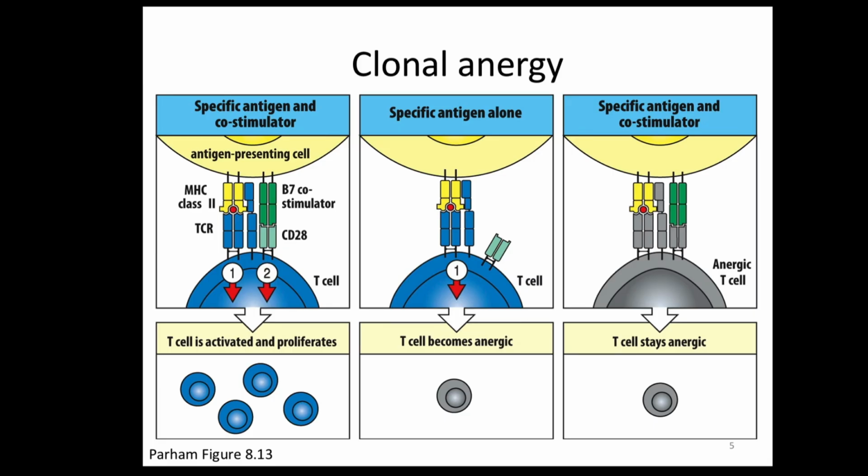The cell is not 100% off all the time. It's like 99% off, with a rare chance that it could get turned back on. That rare chance involves it seeing signal 1 and signal 2, as well as so many cytokines, sometimes referred to as cytokine storm. Just crazy high amounts of cytokine.